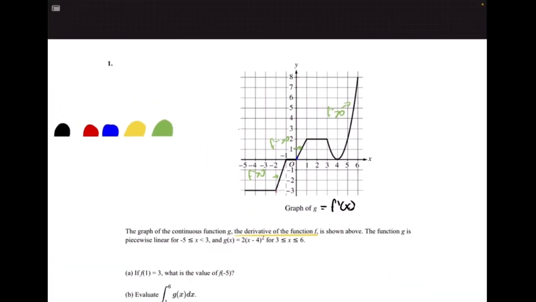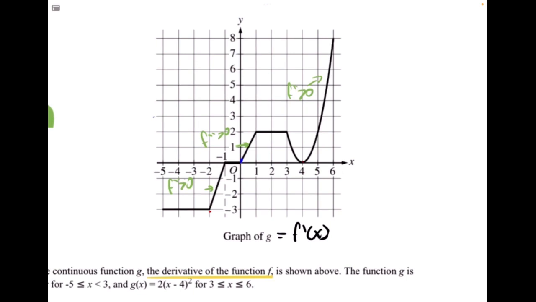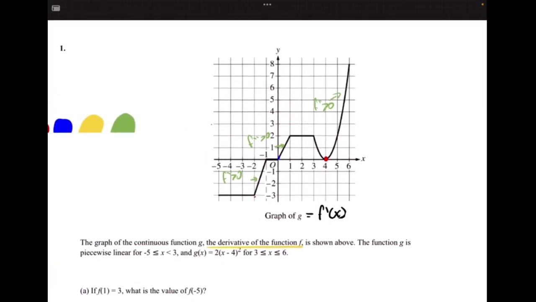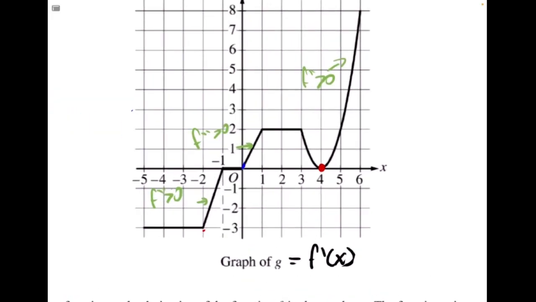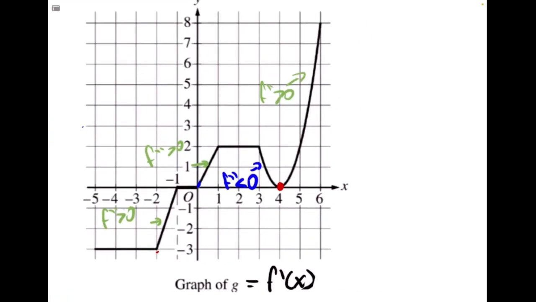But there is an instance where this sign changes, right here at x equals 4. From 2 to 4, f double prime is less than 0, and then it switches to positive right here.